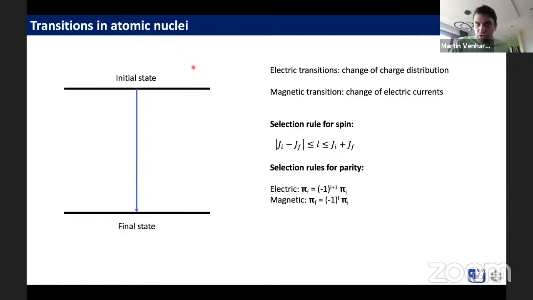What we can use also are the transitions in atomic nuclei. So if we have transition from initial state to the final state, there is selection rule for the spin. So this is spin of initial state, this is spin of final state, and also the parity must fulfill the selection rule. And this will tell us what kind of transition it is, because electric transitions change the distribution of electric charge, and the magnetic transitions change electric currents in nuclei.